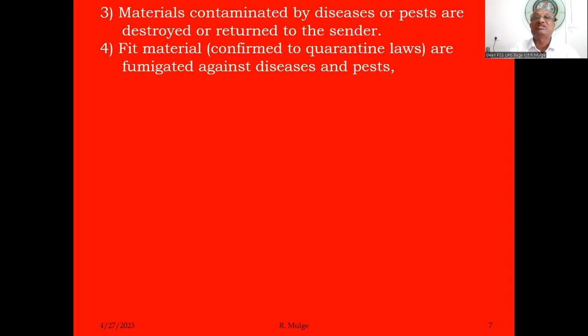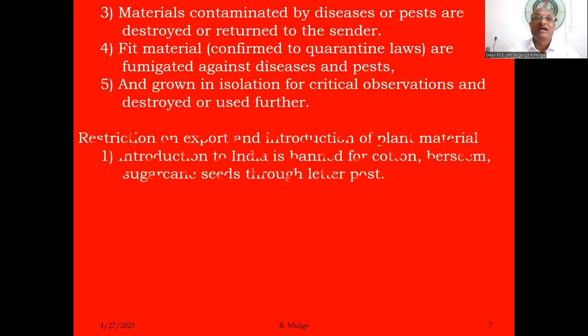Fit material, where you are not able to find any contamination, is confirmed to quarantine laws, or fumigated. Still, you don't just believe what you see with your eyes. So they have to be fumigated against diseases and pests, and then grown in isolation for critical observation, and then destroyed or used for the farm.